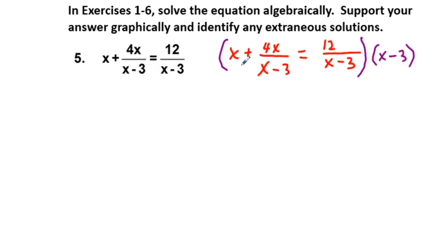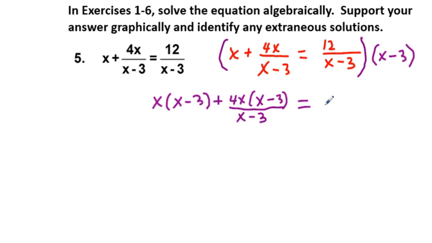And so just multiplying these things together, we have x, I need to leave myself some room, x times quantity x minus 3, plus 4x times x minus 3, and we have this 4x over x minus 3.